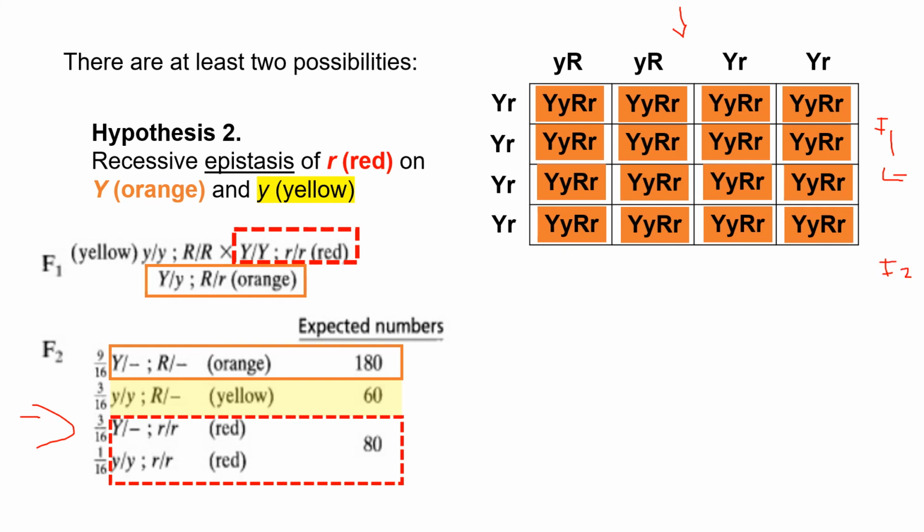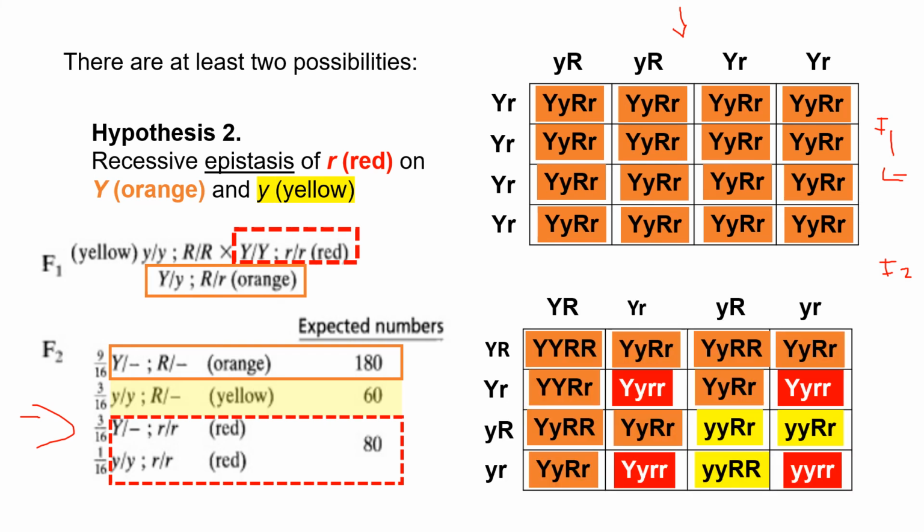In your F2, you are crossing the two heterozygous. When you cross these two heterozygous, you get this combination. You see that when you get a dominant homozygous or a heterozygous, you get the orange.